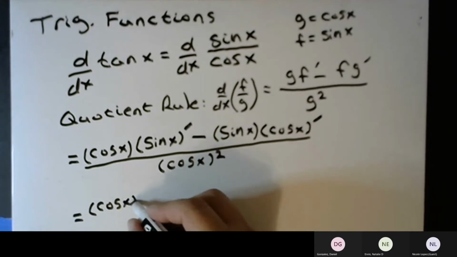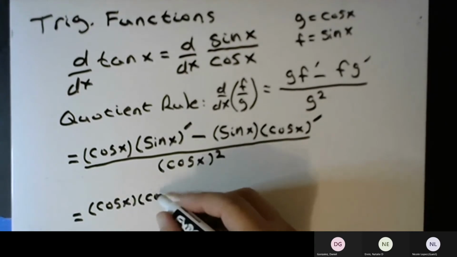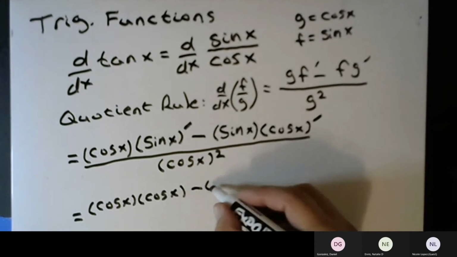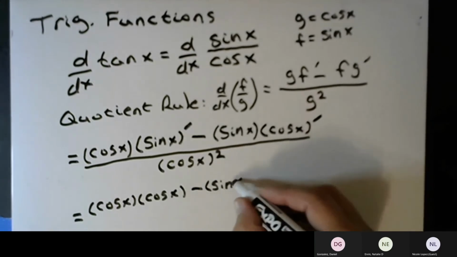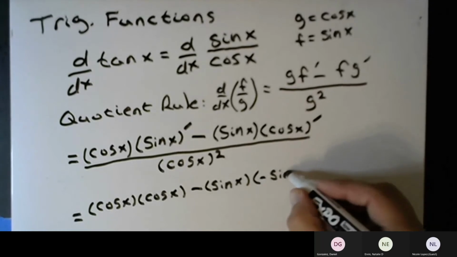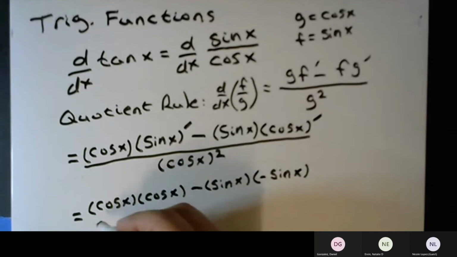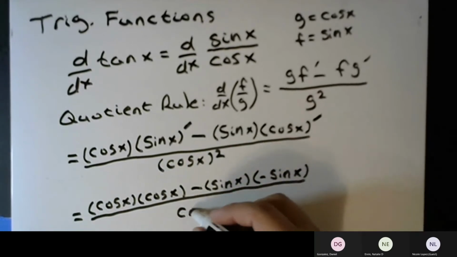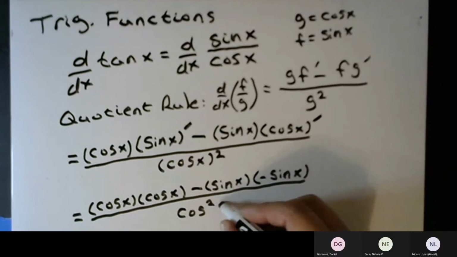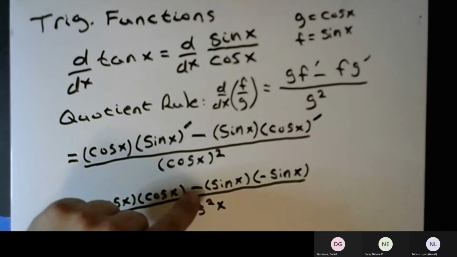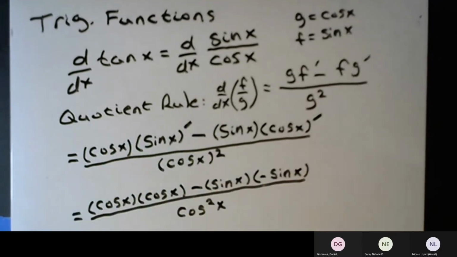Yeah, cosine x, cosine x, minus, then we have sine x. Derivative of cosine is negative sine. Again, those formulas, you're just going to have to put together a little cheat sheet and just kind of practice those. Keep those with you when you do your homework. So square cosine, you get cosine squared. So minus and minus, that's going to become a positive.